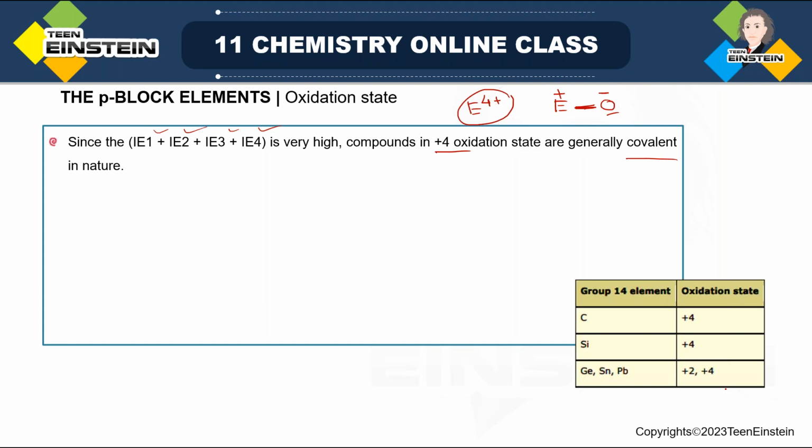ion. Okay, 4+ ion means you have to completely remove all the electrons. Ionic compound means what? Complete donation of electrons from one element, and the other element is completely accepting. So that is why there is cation and anion, but that is not possible here, because of the high energy requirement. And why are we talking about +4 oxidation state? Because just think about the general electronic configuration. It is ns2 np2.